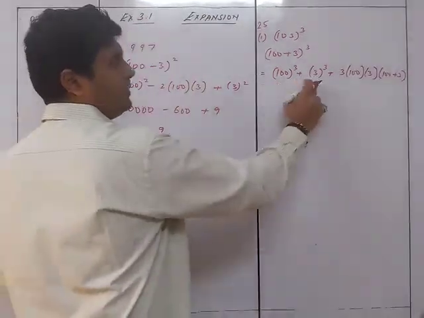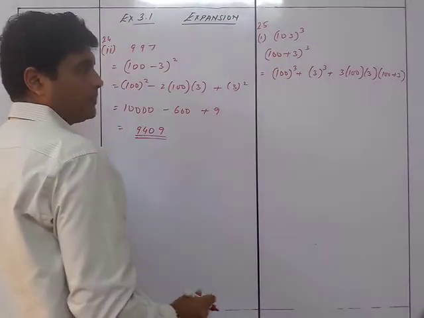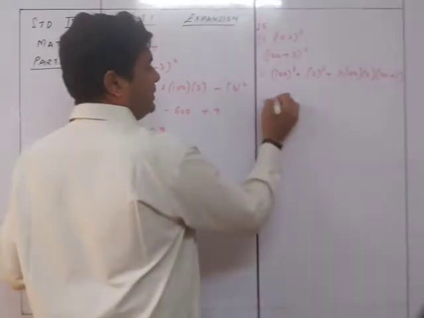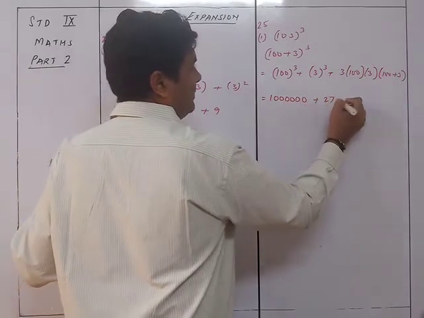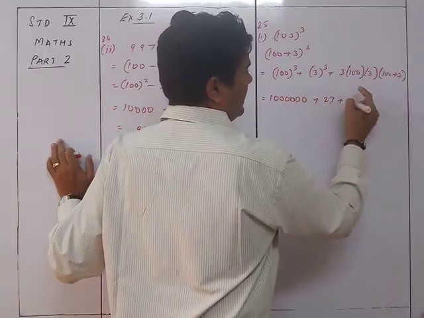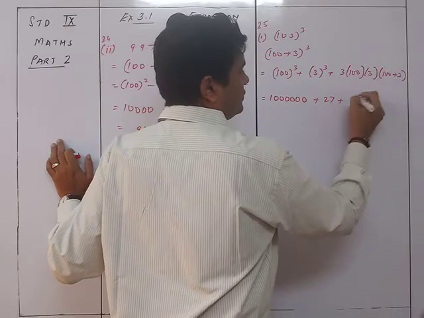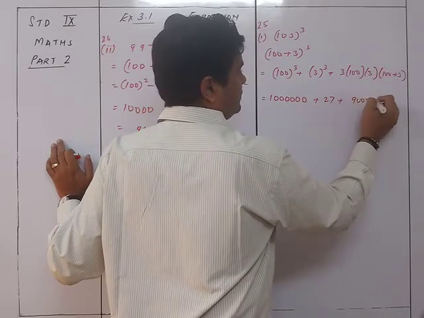Because this is a cube plus b cube plus 3ab into a plus b. So this is 1, 2, 3, 4, 5, 6 plus 27 plus this is nothing but 900 into 103.